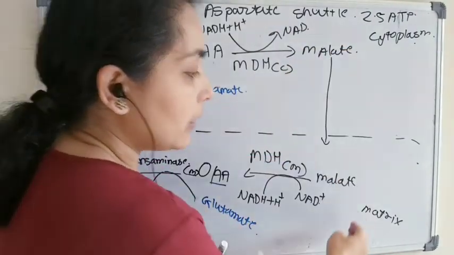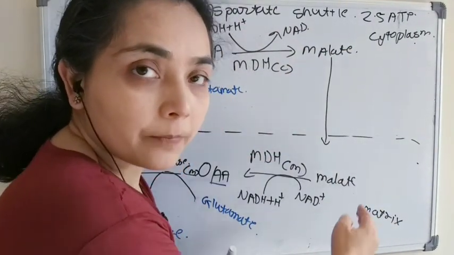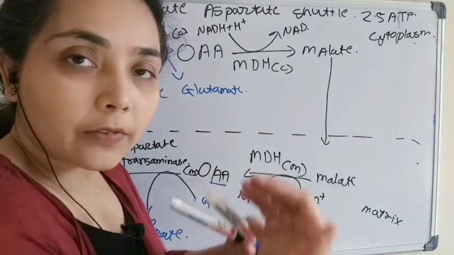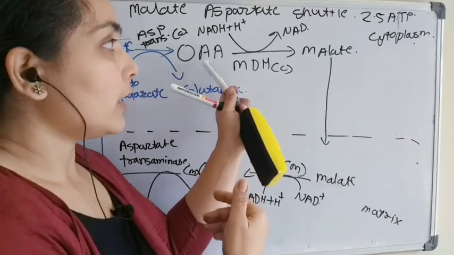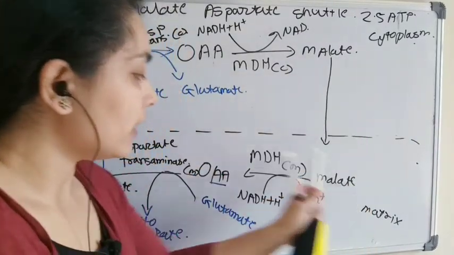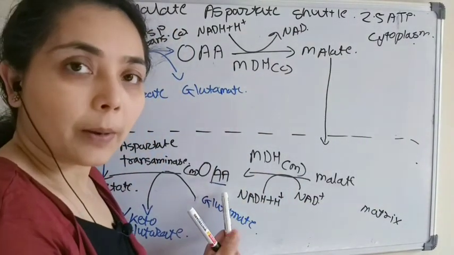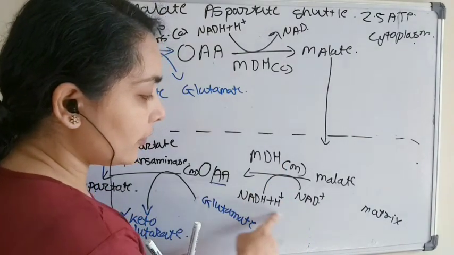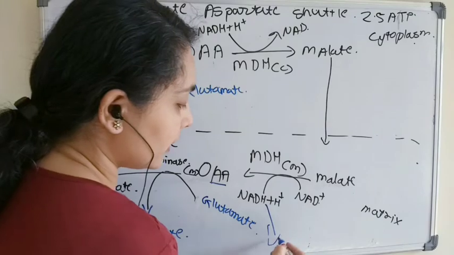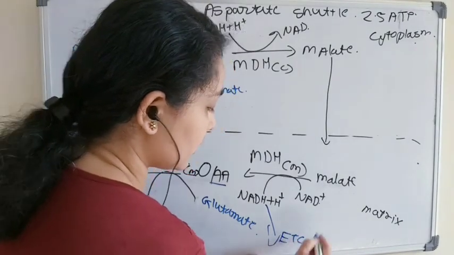Now malate will come into the matrix of mitochondria, and here the reverse thing will happen. Earlier oxaloacetate converted to malate, now malate will convert to oxaloacetate, and electrons will be transferred to NAD and we will get NADH, and this will enter into the electron transport chain.